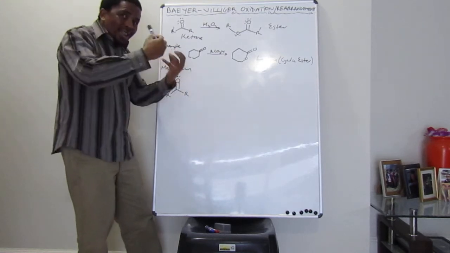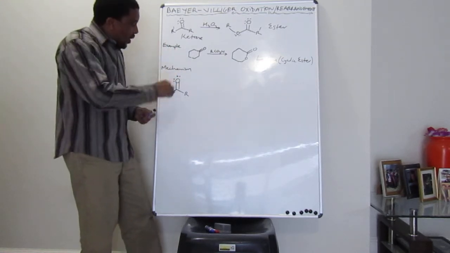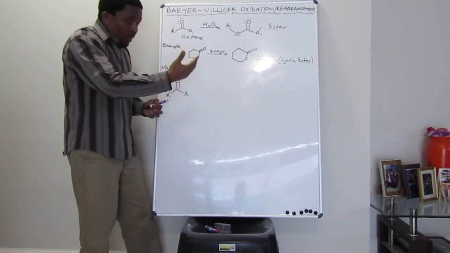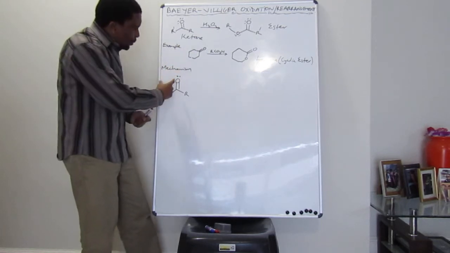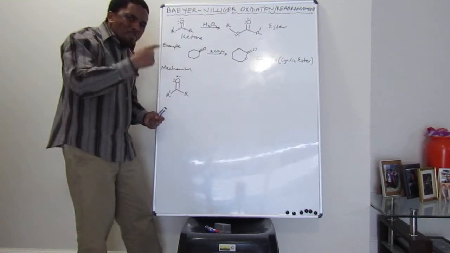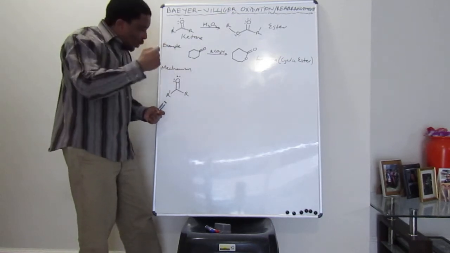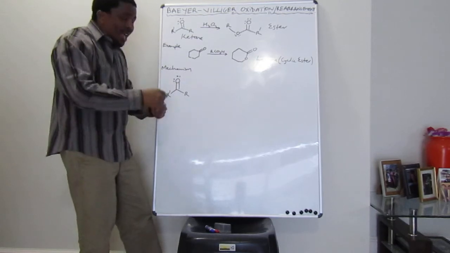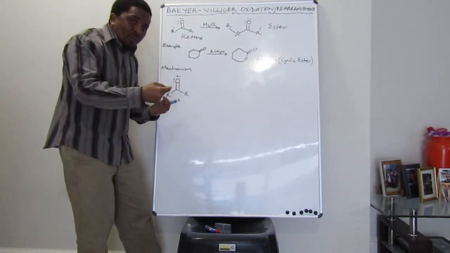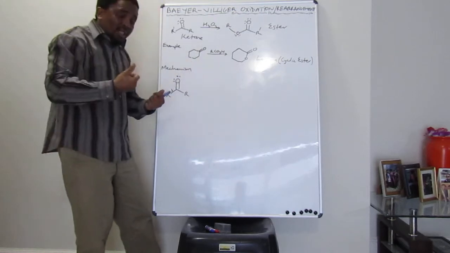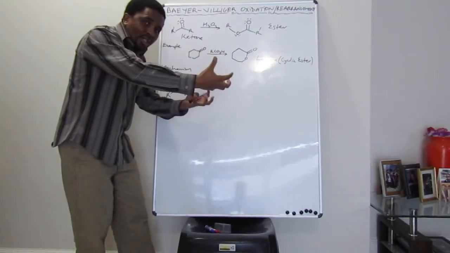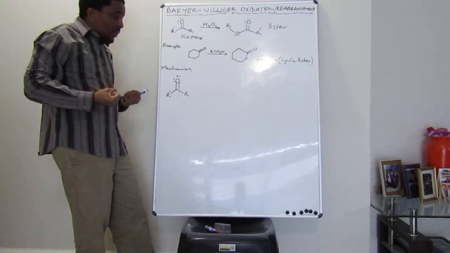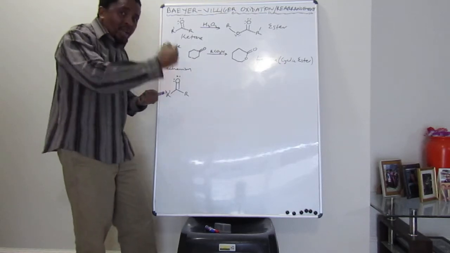Looking at the sigma framework, in the periodic table oxygen is much more electronegative compared to the carbon atom, and therefore it has the capability of pulling the electron density towards itself via the sigma framework.